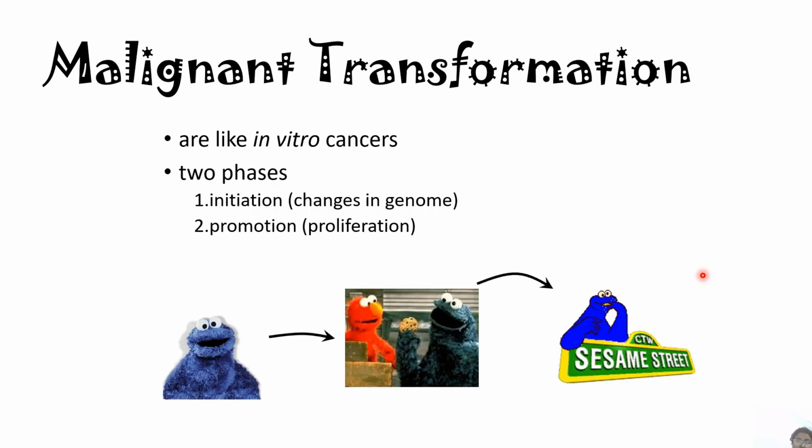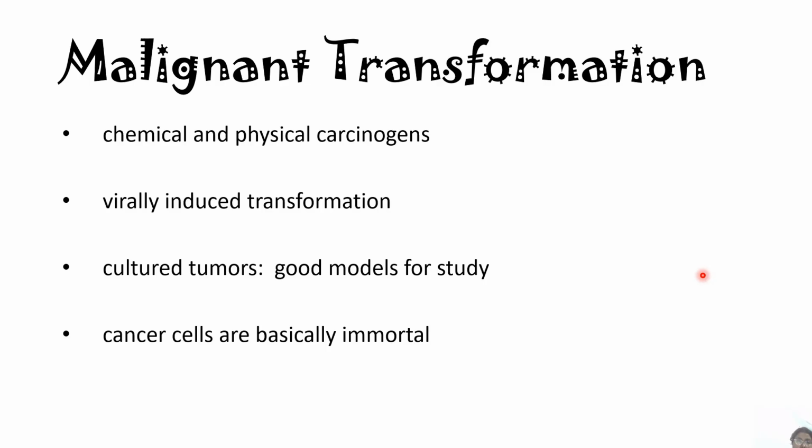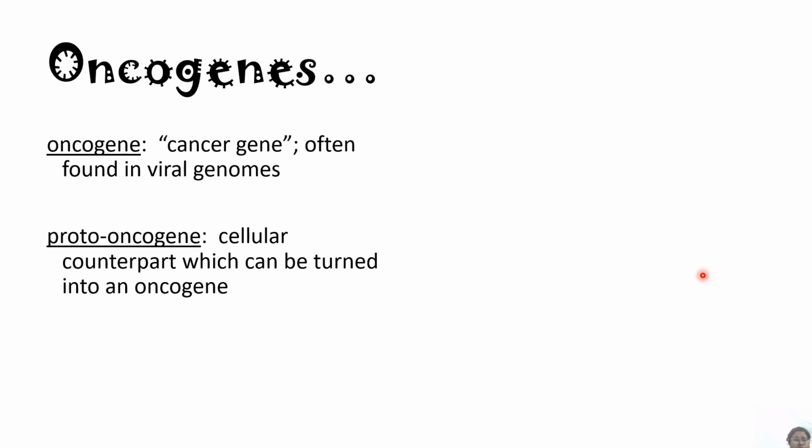Okay. So basically this can be because of chemical and physical carcinogens, virally induced transformation. Cultured tumors are good models for study that we do in biolabs, and cancer cells are basically immortal. An oncogene is a cancer gene, often found in viral genomes. A proto-oncogene is the cellular counterpart, which can be turned into an oncogene.